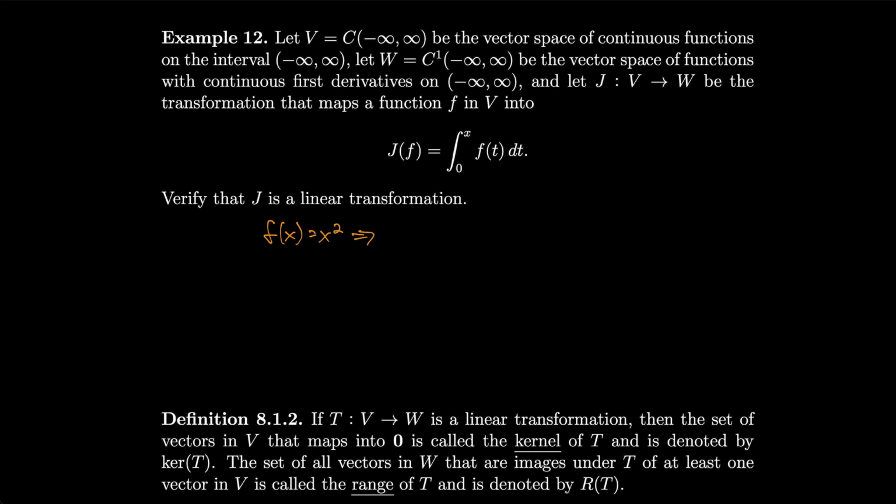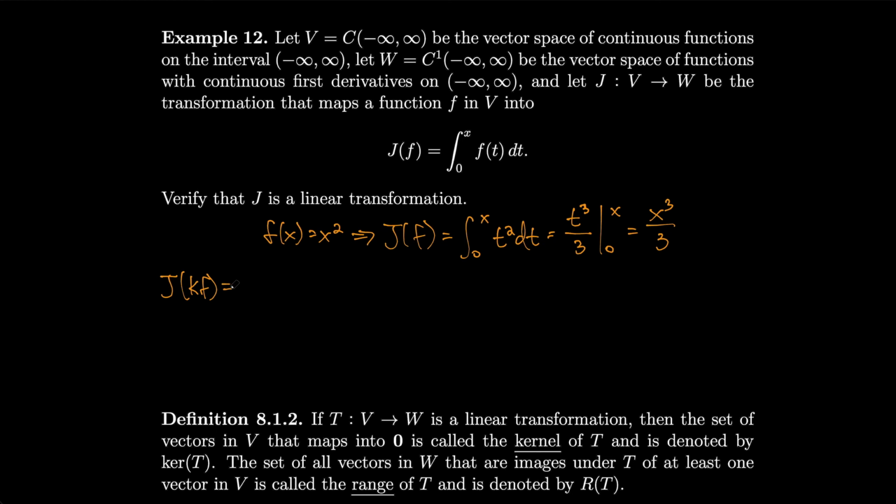So in this case, J of f is the integral from 0 to x of t squared dt. So that's just t cubed over 3 evaluated from 0 to x, which is just x cubed over 3. So let's take a look at J of kf now.